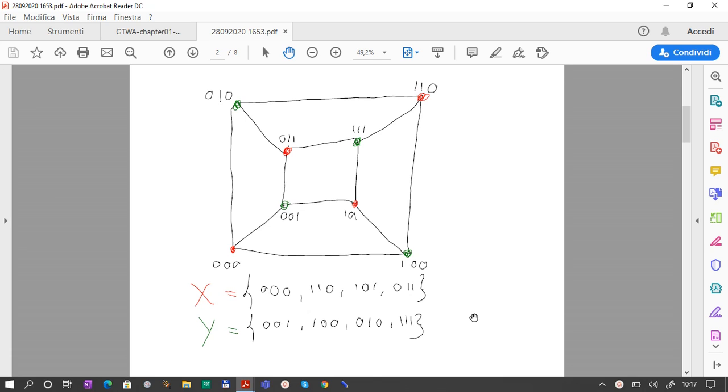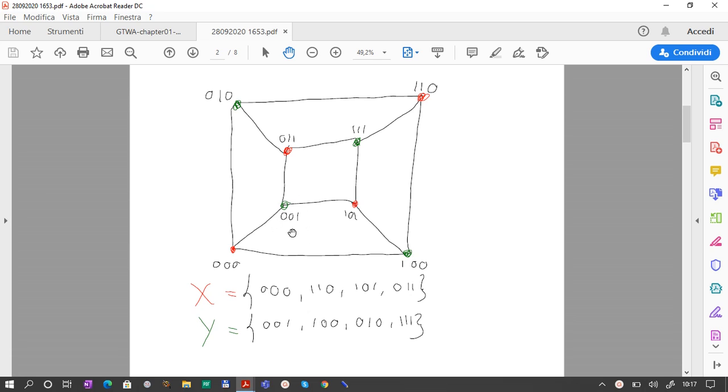Okay, so for instance, in this case, we can pick up this edge and does it do its work well? Sure, because these two triples differ just by the first coordinate. So here k equals 3, i equals 1, and what do we have?